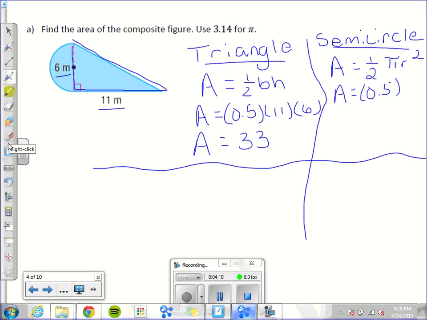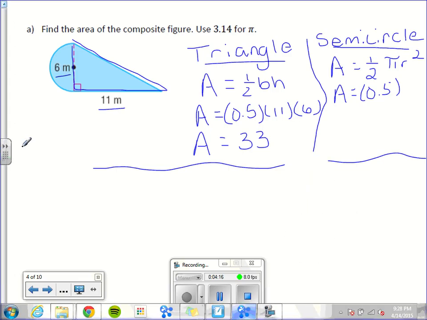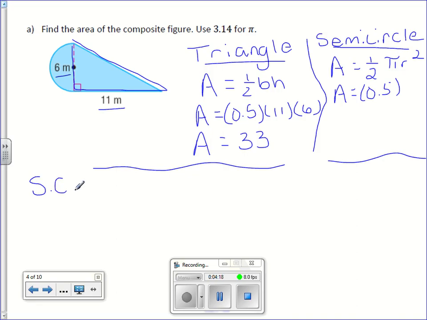You should have space right next to it on your paper. Okay. Let's try that again. So we have our semicircle here. I'm just going to abbreviate. Area equals 1/2 pi r squared.